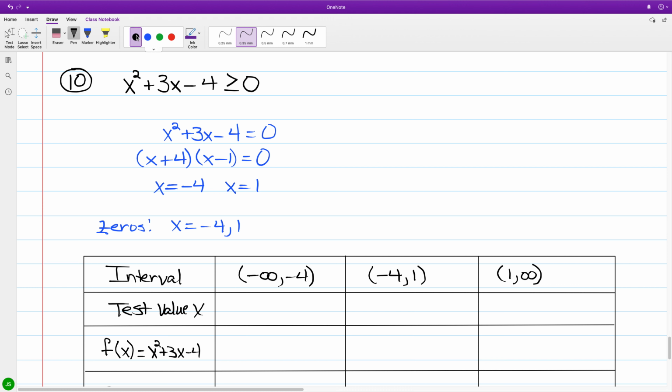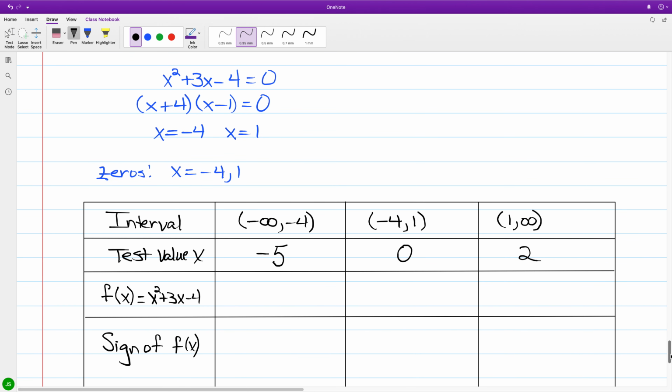Now we take test inputs to test out each interval, kind of using them as a probe. For the first interval, we can select any value x less than negative 4, so negative 5 would fit the bill. Between negative 4 and 1, 0 would be such a value, and for anything greater than 1, you could choose, let's say, the number 2.